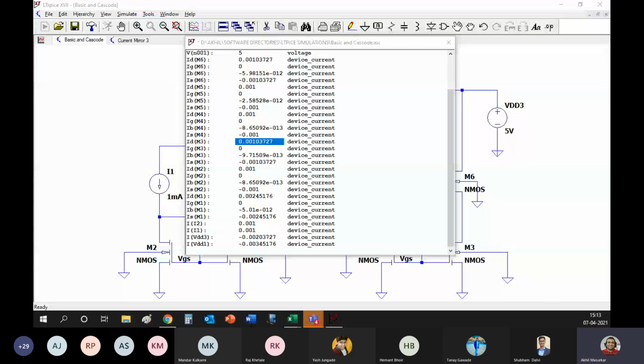Shruti, Suman, Yash, everybody. Now I want to see the circuit and the spice parameters.